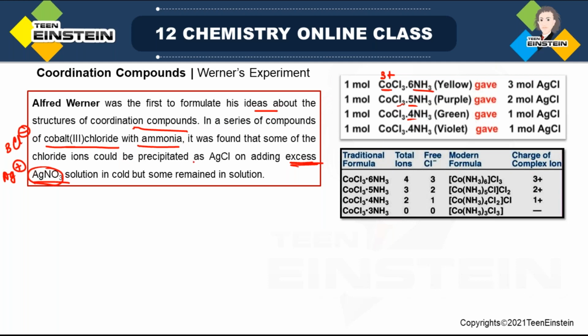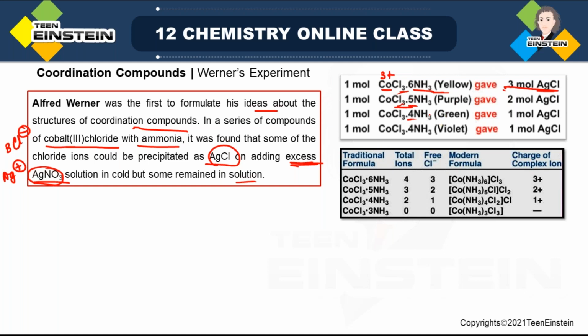Some of the chloride ions could be precipitated in the form of AgCl, but some remain in solution. That means, look at this formula. The first one, CoCl3.6NH3. Here we have a total of 3 Cl-, and you are getting 3 moles of AgCl when you are adding AgNO3. So it is fine. It can be understood because there are a total of 3 Cl-.